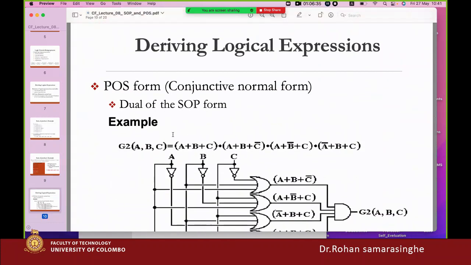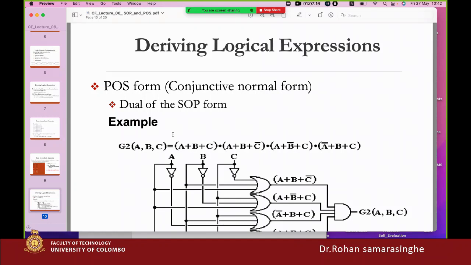That means you group not the ones, but the zeros this time, and you have to follow the same rules: create the groups as large as you can, in powers of 2, and diagonal groups are not allowed. Likewise, you apply the whole set of rules.